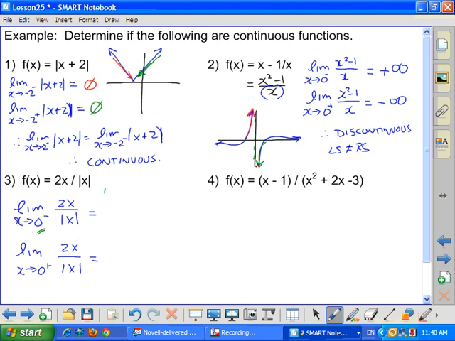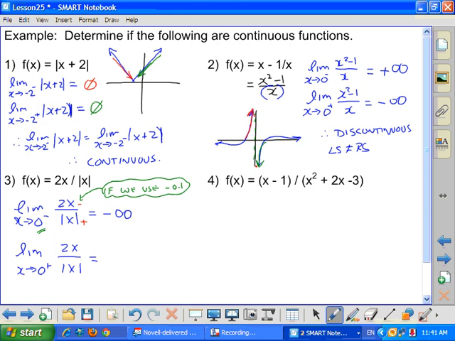If we use negative 0.1 just to analyze something that's really, really close, what do we find? We know that the bottom will always be a positive value, and on top it's going to be a negative value. So it's going to head off to negative infinity. I'm just doing a bit of a numerical analysis.